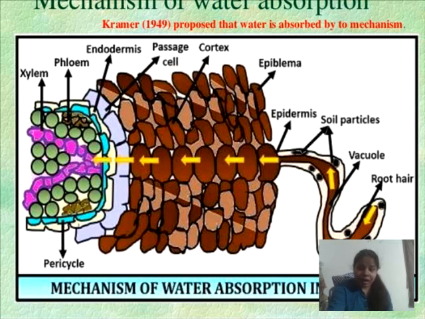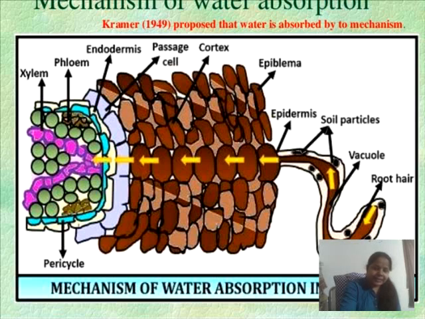So this is how the movement of water across root cells occurs. That is cell to cell movement of water from root hair region, epiblema, cortex up to the endodermis region, then endodermis being covered by Casparian strips.